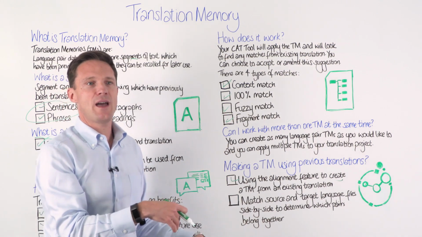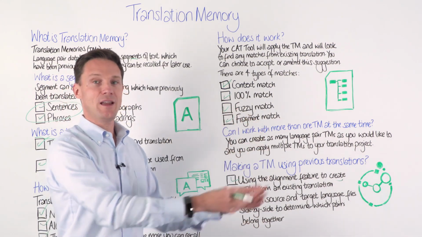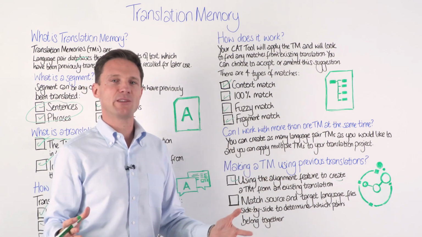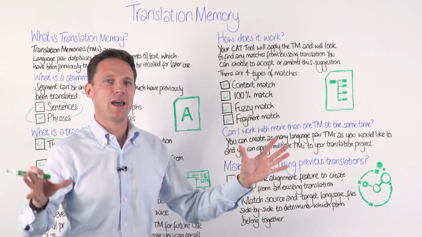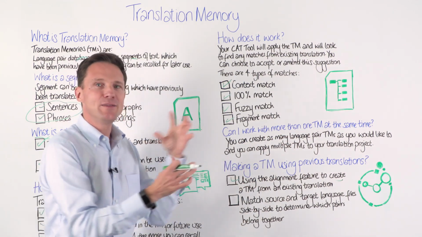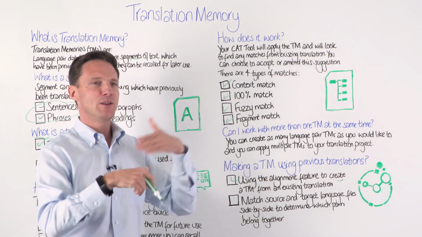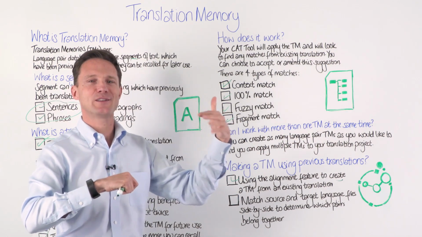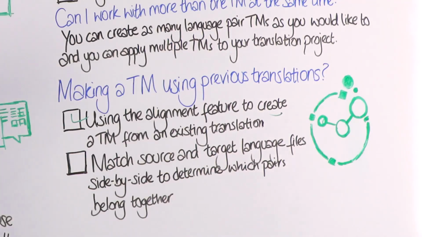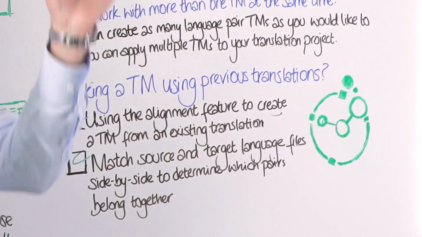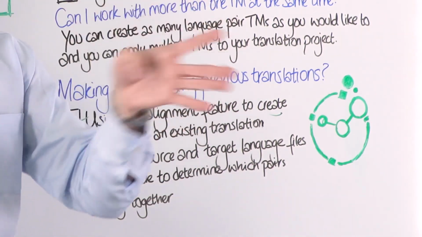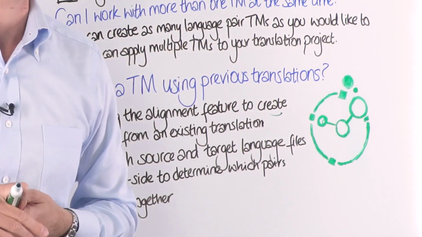You might have a document in English and a document in Italian, and you translated them manually. You can take those documents and import them into a translation memory. What you're doing is aligning them. You're trying to align the English sentences with the Italian sentences. You get a side-by-side view where you see all these sentences, and languages are tricky.